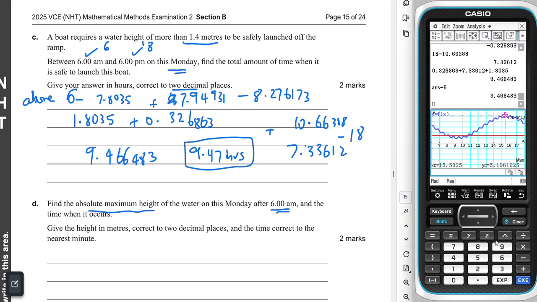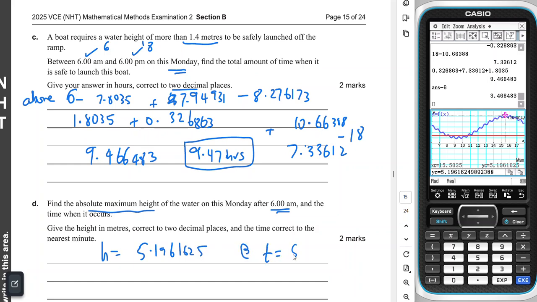There's all places. So there is the absolute maximum, a y value of height equals 5.196165 at t equals 15.5035.